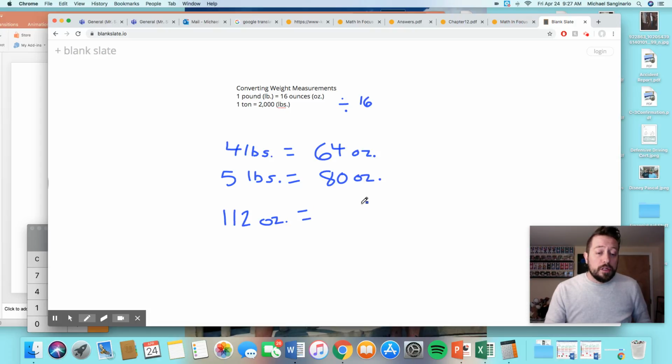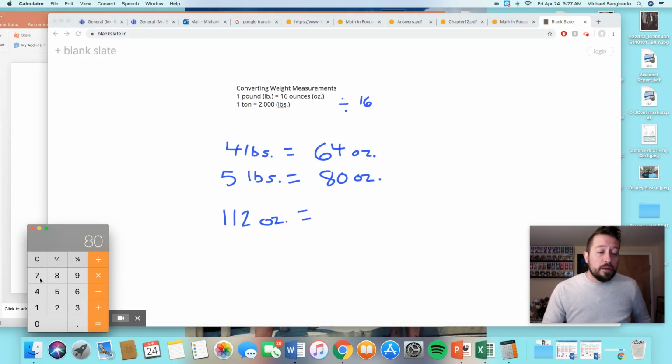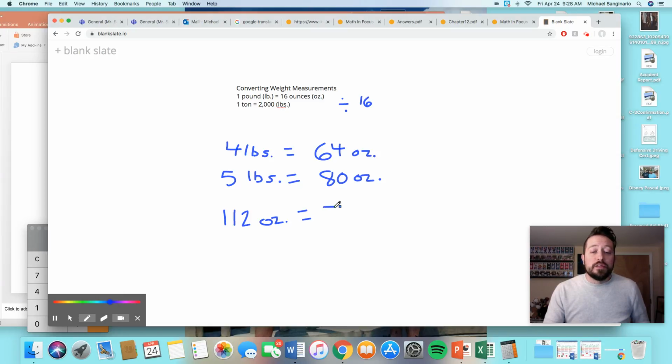That would equal, if I do my calculator, make sure you always clear that, C means to clear it, okay? So I'm going to take the bigger number first, 112, hit the divide symbol by 16. I have 7 pounds, so this is the same. So 112 ounces is the same as 7 pounds, okay?